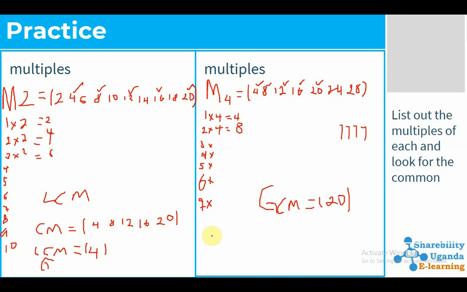They can ask you to get the greatest common multiple, or they can tell you the greatest common factor. When they talk about the greatest common factor, it is the same as the greatest common multiple.